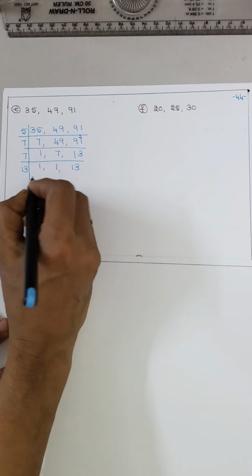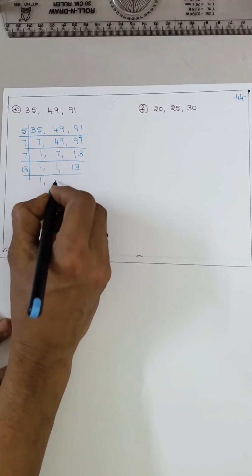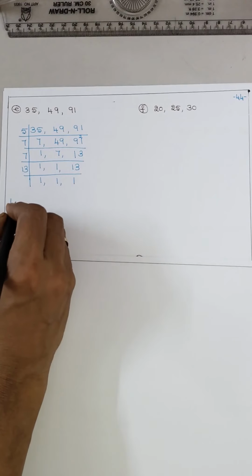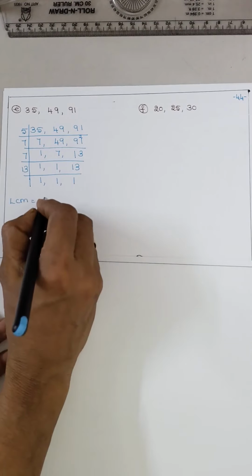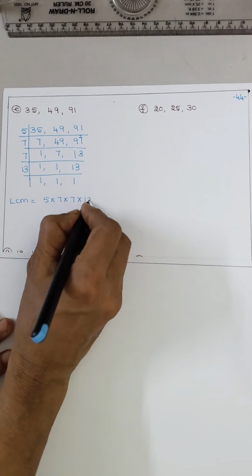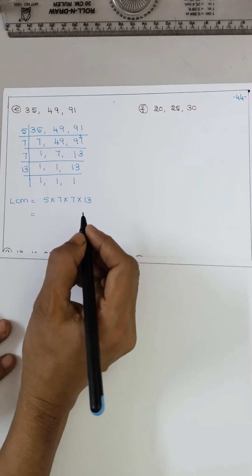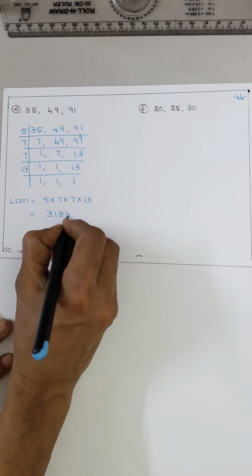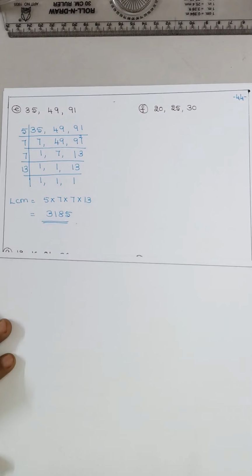Now 13 is a prime number. So LCM is equal to 5 into 7 into 7 into 13. You multiply and see, you will get the answer 3185. 3185. Okay.